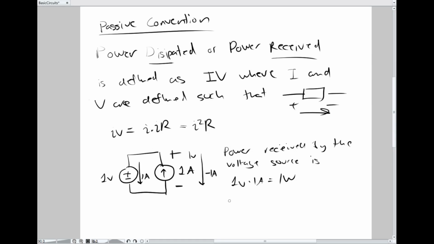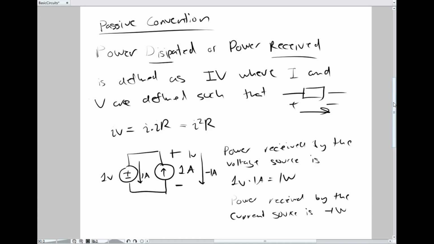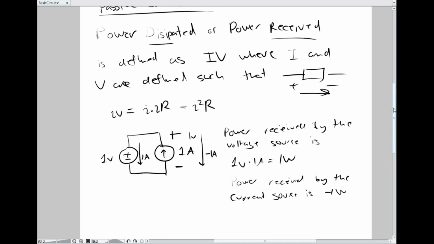So the power received by the current source is minus 1 watt. And notice that these both sum to 0. So the current source is winning. It's pumping power into the voltage source.